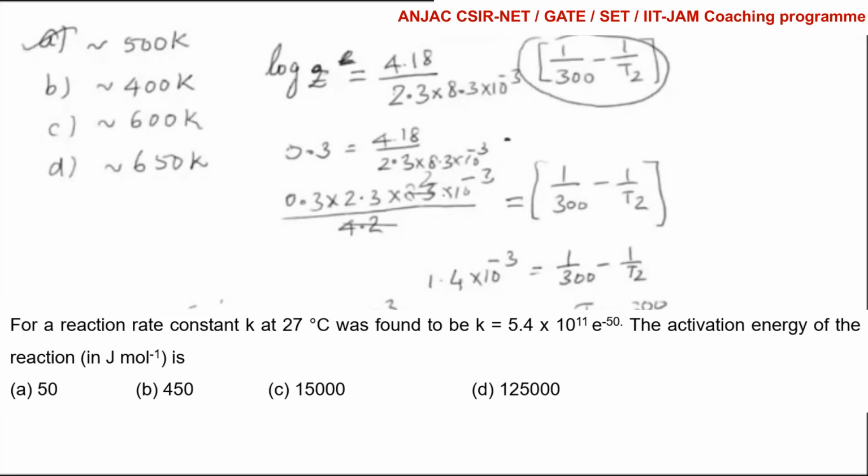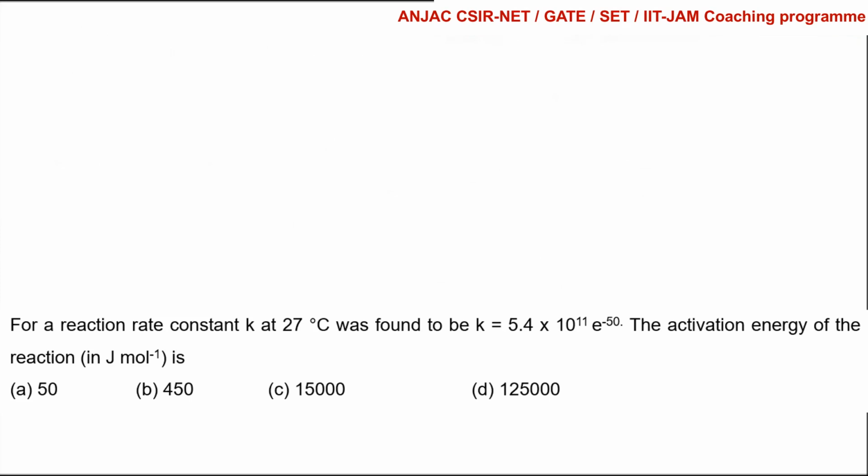the rate constant K at 27 degrees centigrade was found to be K is equal to 5.4 into 10 power 11 into e power minus 50.